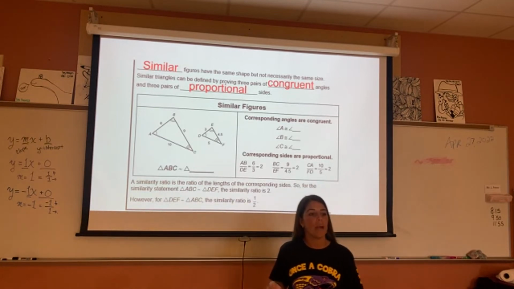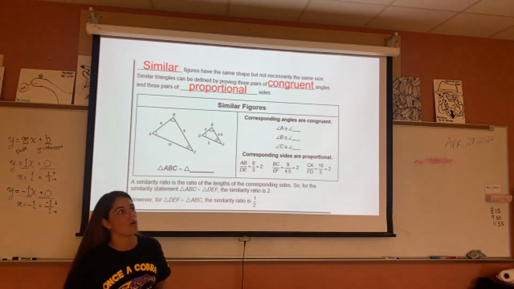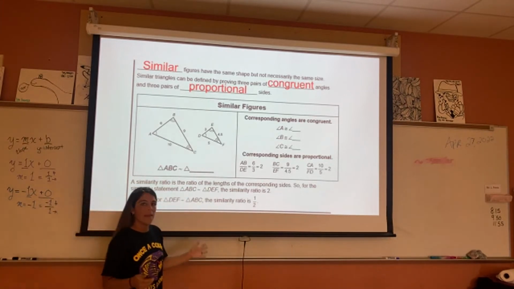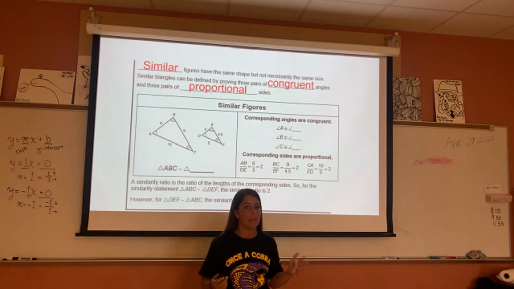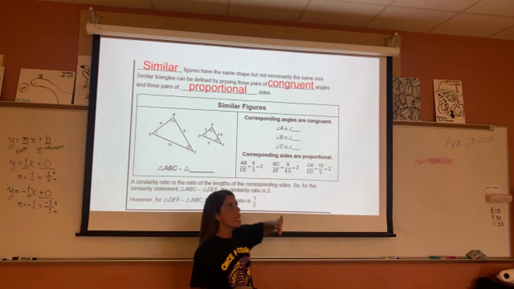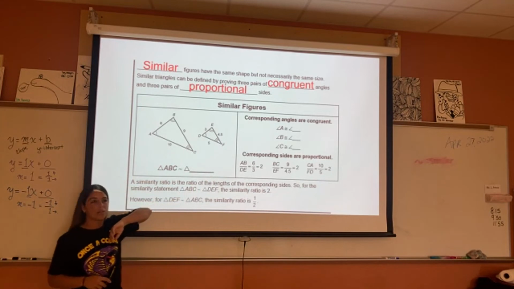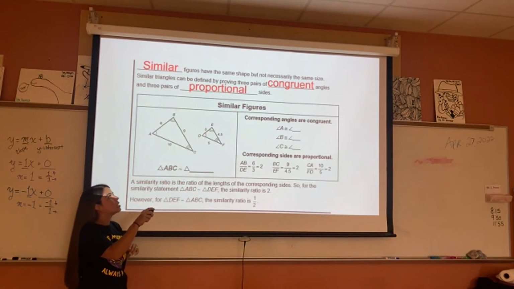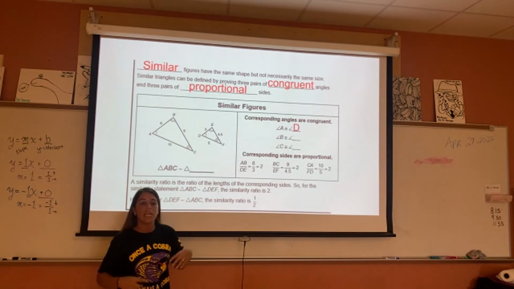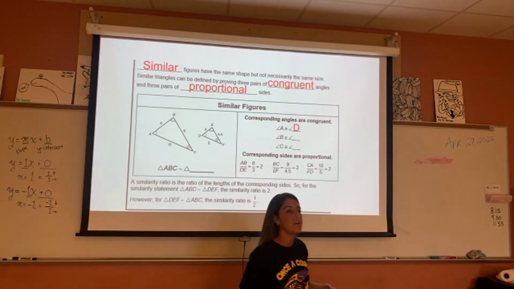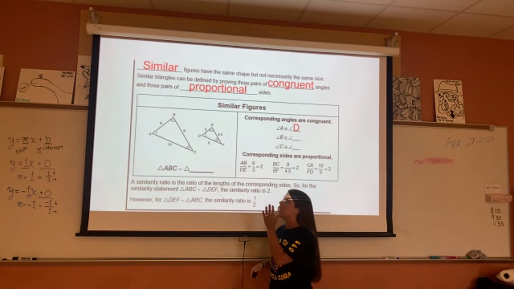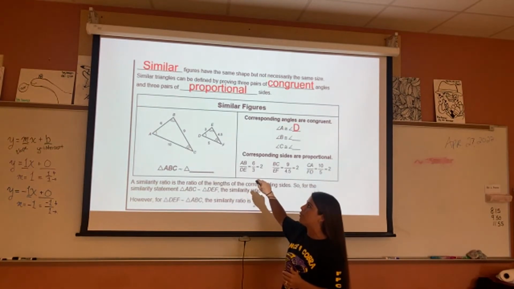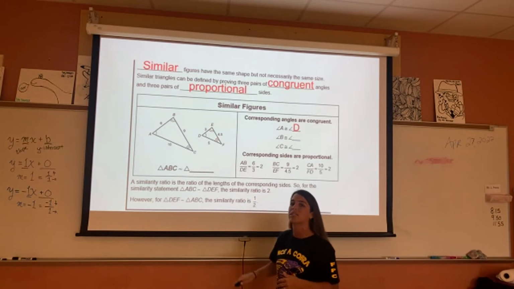Now, typically when we're doing this unit, they're going to already give you that similarity statement. But since we're not there yet, we'll talk about how we pick the corresponding sides. Here they already marked them as congruent. I know A with my one arc mark must correspond to D. If these two triangles are similar, then angle A is congruent to angle D. Here I have B with my two arcs, E with my two arcs.